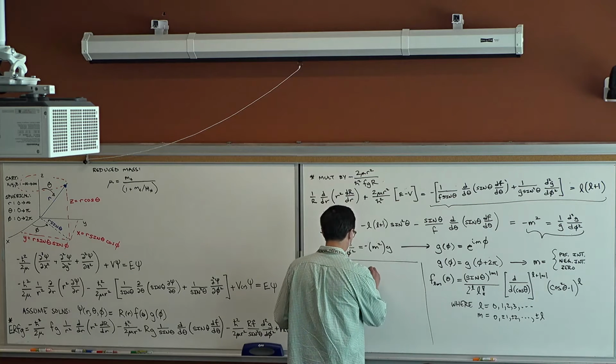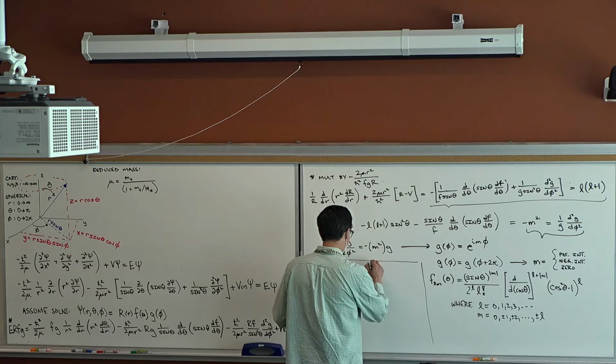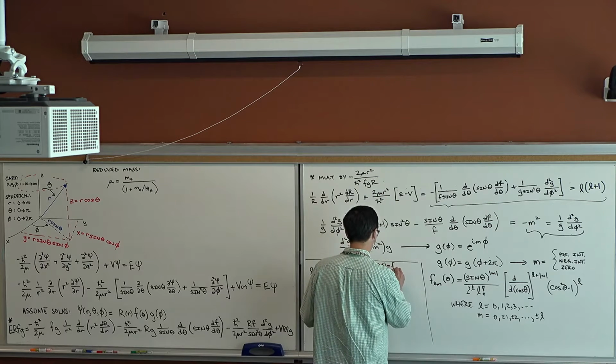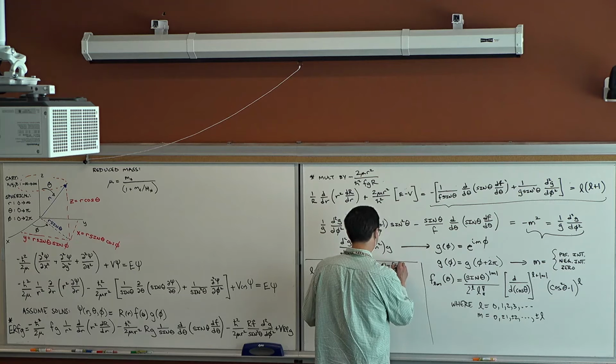So in that case, I'm going to describe YLM of theta and phi as equaling FLM of theta times GM of phi.